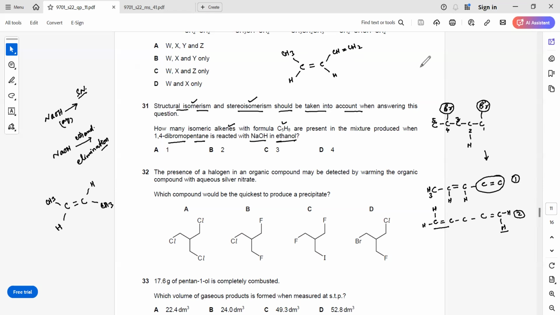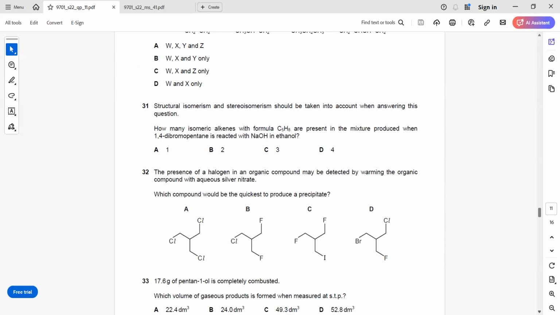And its trans is also possible: CH3, H, H, and CH double bond CH2. Is it clear? So we can consider this one as cis and trans, and the third possible structure is this. So how many compounds are possible? The answer is three, right?